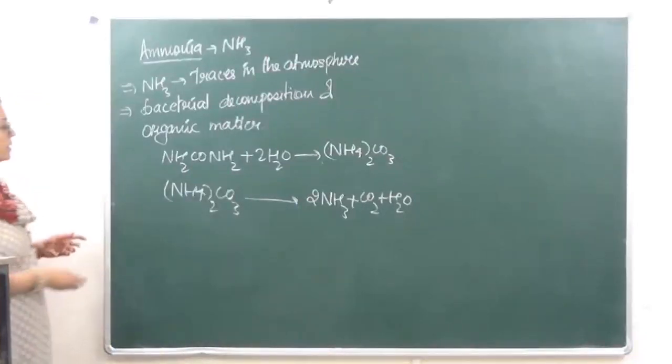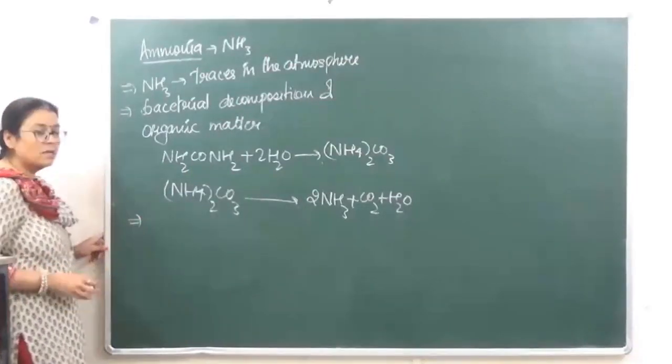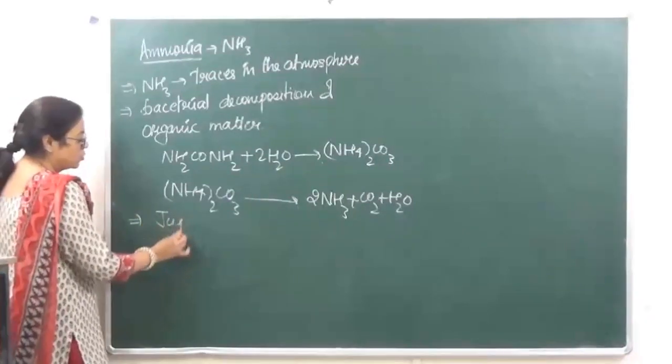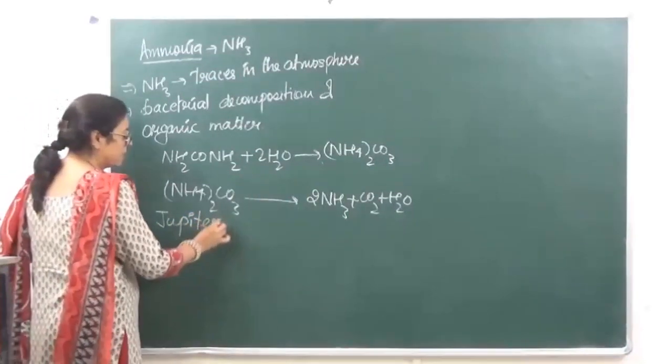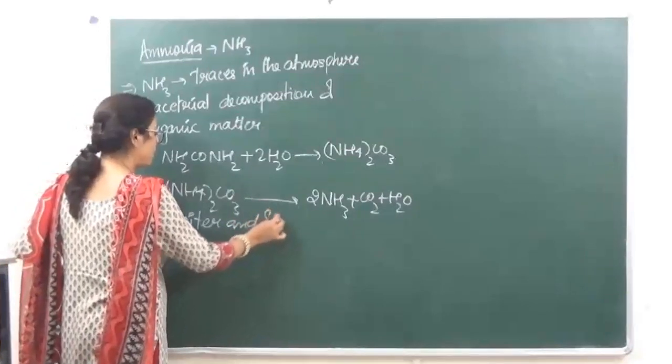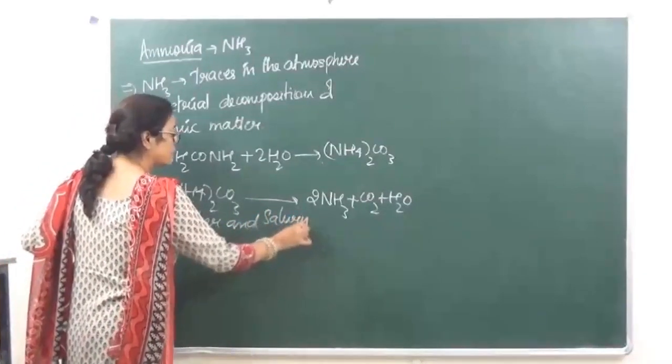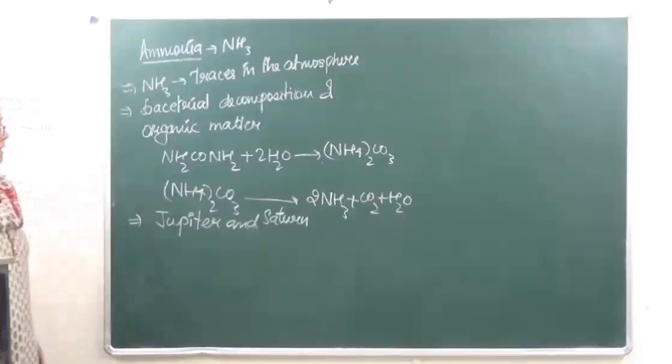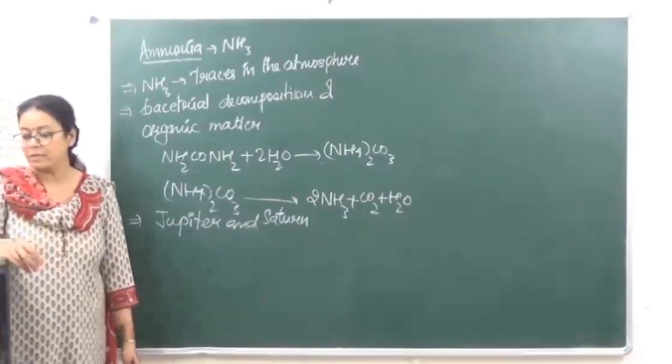Then we say that on certain planets like Jupiter and Saturn, ammonia is present in abundance.